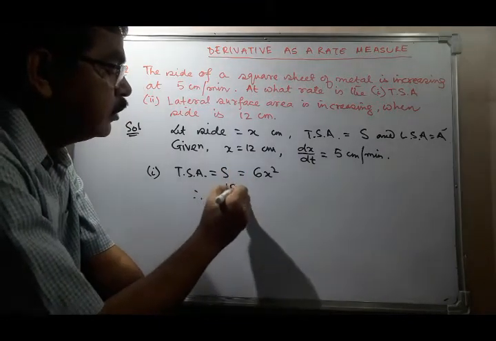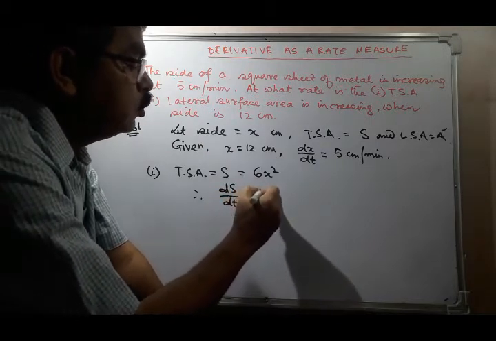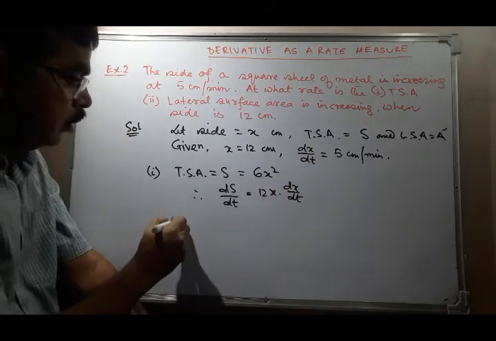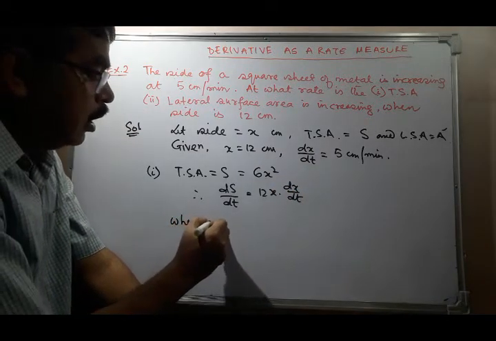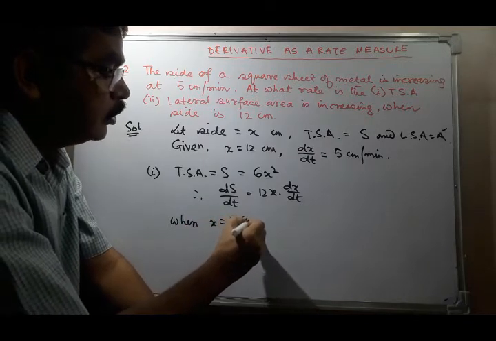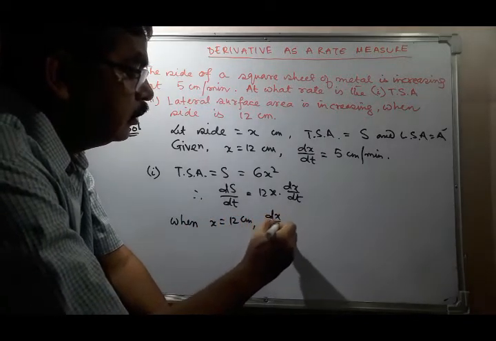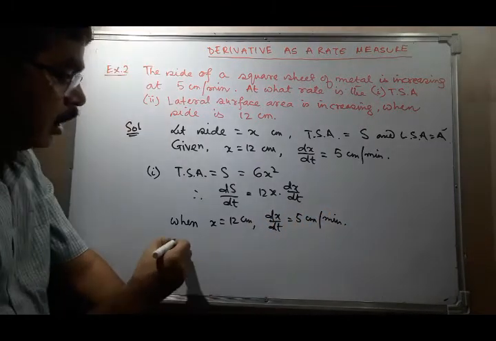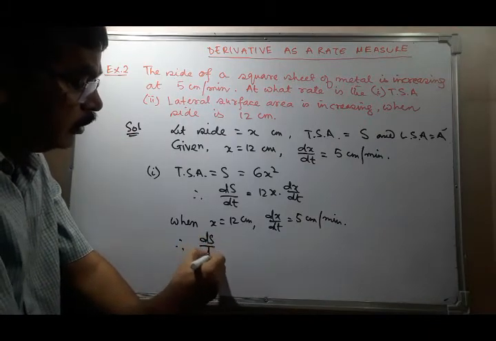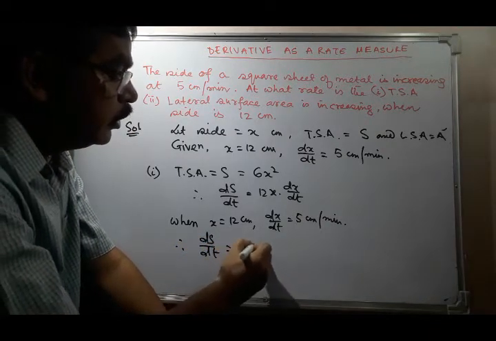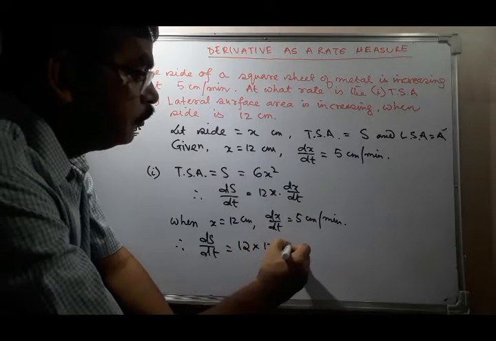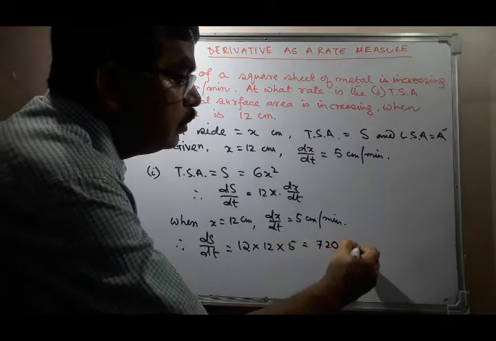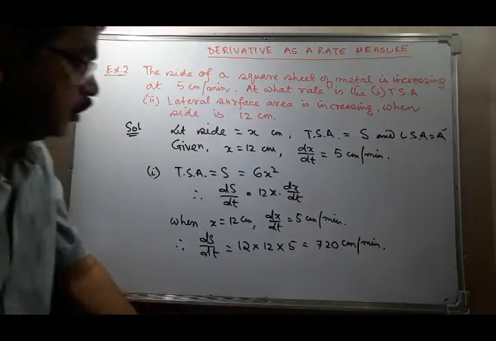Therefore dS by dt equal to 12x into dx by dt. When x equal to 12 centimeter, dx by dt given 5 centimeter per minute, and therefore dS by dt equal to 12 into 12 into 5. So what will we get? 720 centimeter per minute.